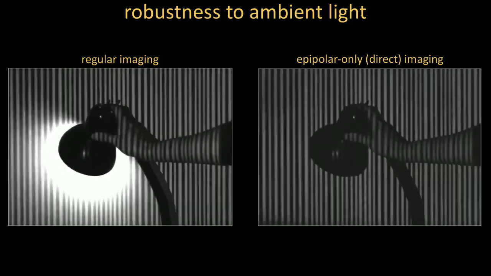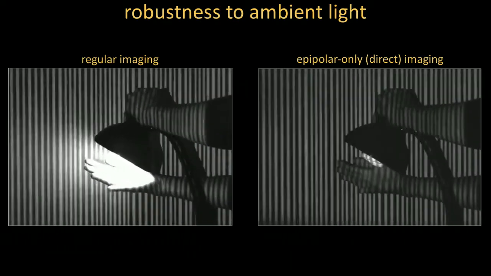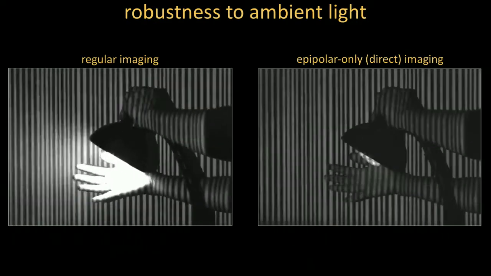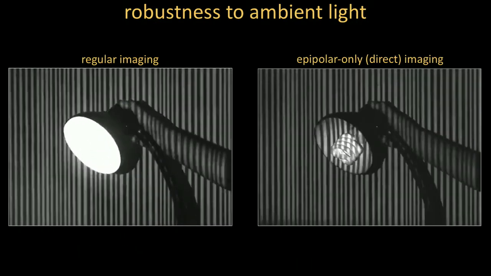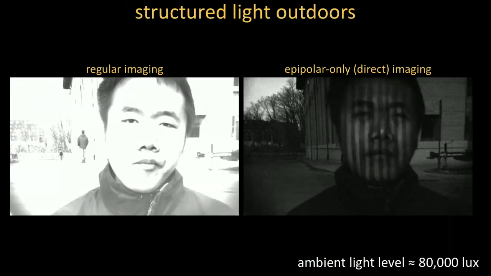And so you get the same amount of light from the pattern that you send out into the scene, but you're effectively reducing the amount of ambient light that's being picked up by the sensor. And so what that means is that you can see the patterns on the light bulb, even when the light bulb's turned on. And this is particularly useful for doing 3D imaging outdoors under very bright sunlight.